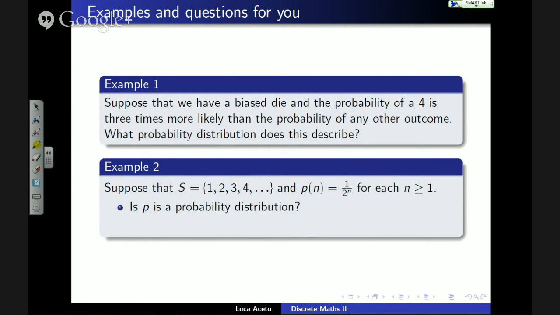Question, is this a probability distribution? Well, this is a bit of a tricky question because to calculate whether this is a probability distribution, you need to sum a countably infinite number of rationals. And the fact is that, yes, this is a probability distribution because the sum of all of these guys is 1.